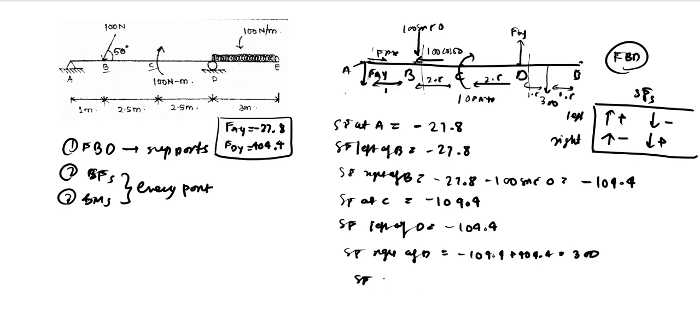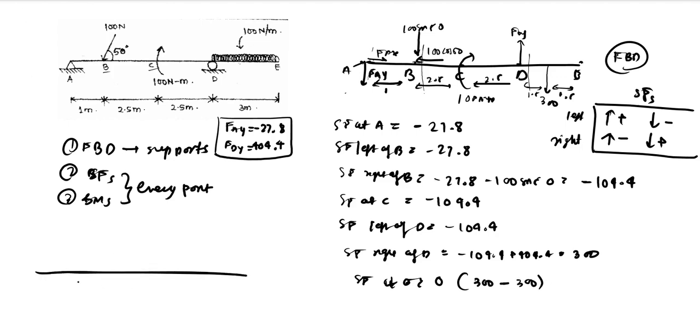Then the shear force at E: because there is a UDL, it is the 300 force right of D minus 300 because of the UDL, so it will become 0.